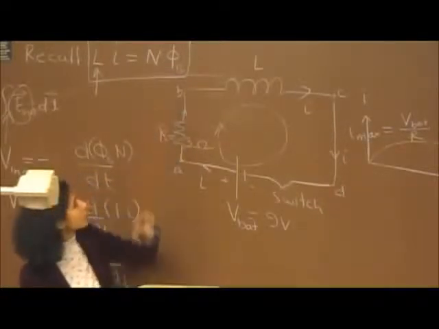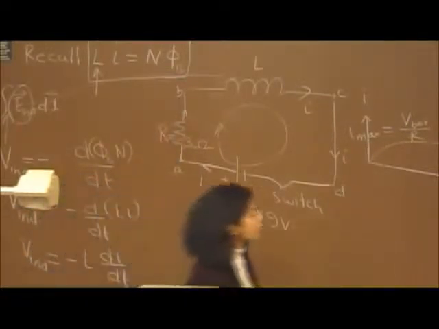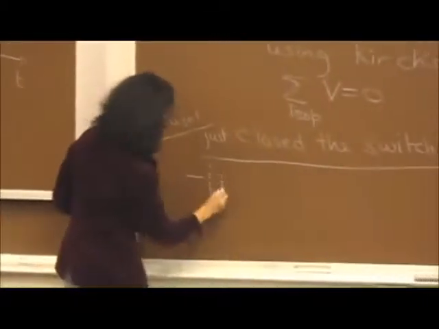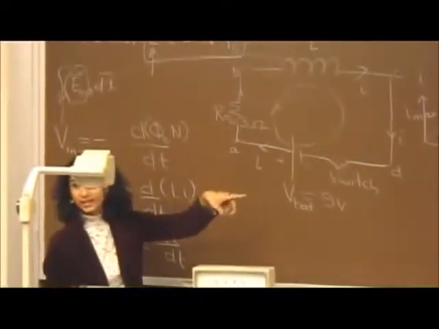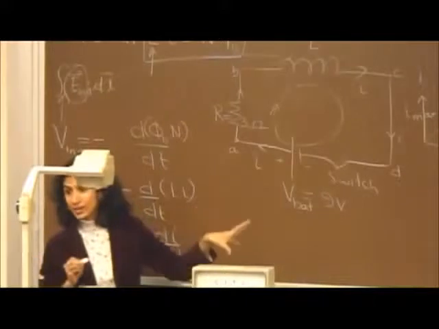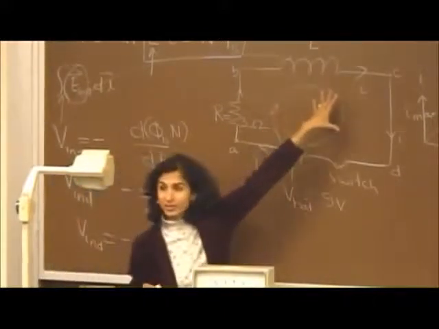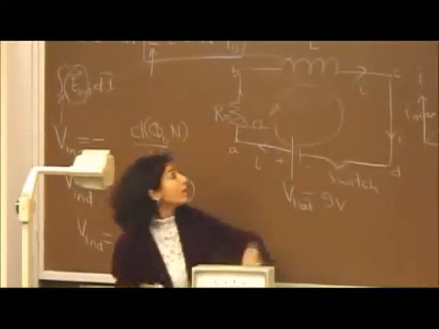It's a drop because we are going in the direction of current. So going from A to B, it's going to be minus I times R. This is the net current in the circuit. Does that make sense? I is the net current due to everything taken together, the battery's effect and the induced EMF's effect, both taken together.